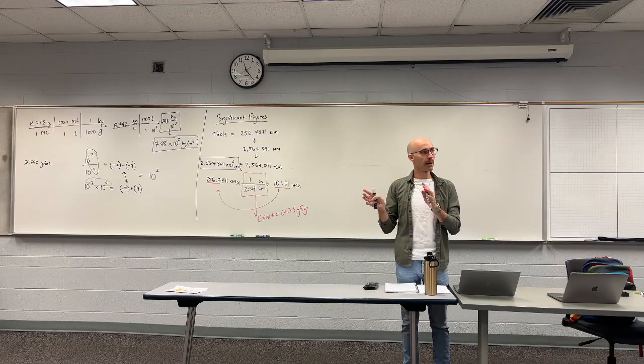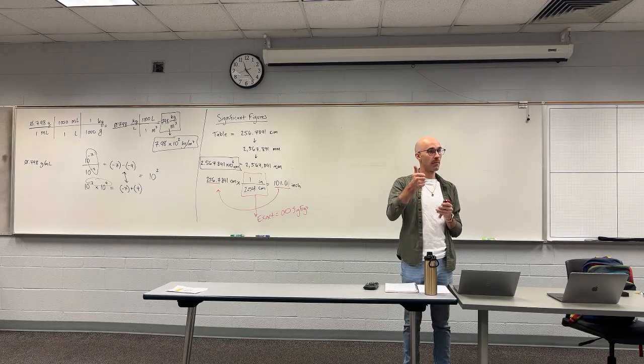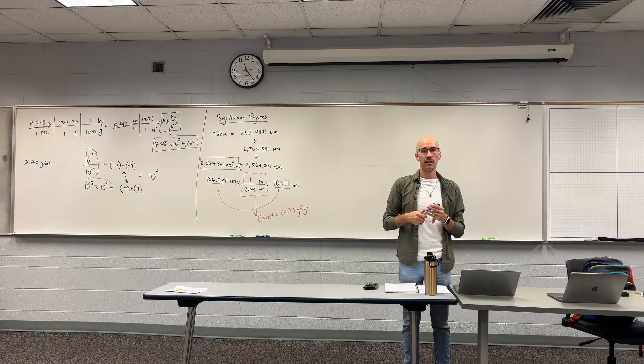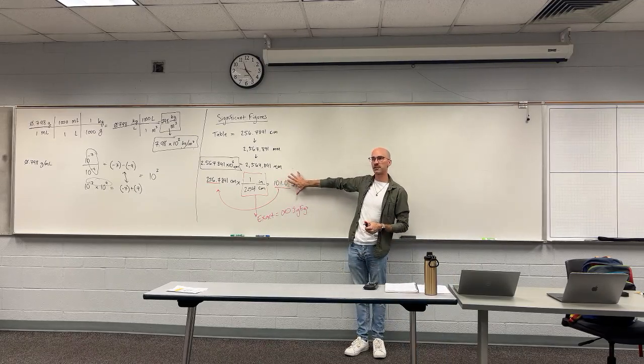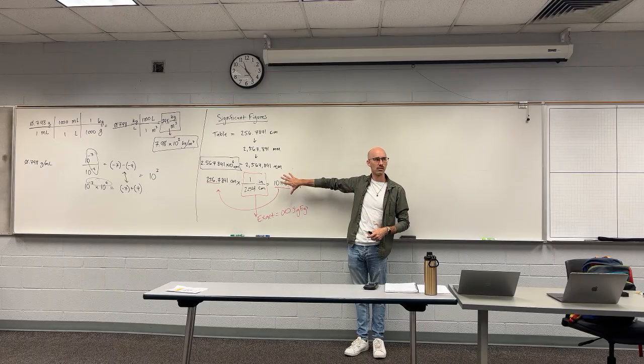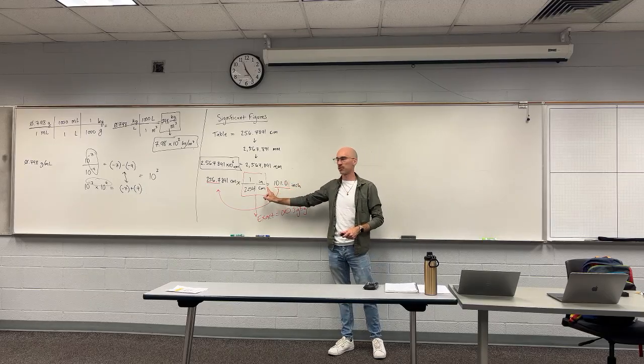When you're taking a measurement, you're given some numbers that are significant, some that are not. What part of my student's measurement was uncertain? Was my student uncertain that there were at least 100 inches?